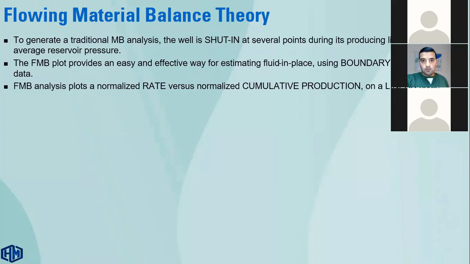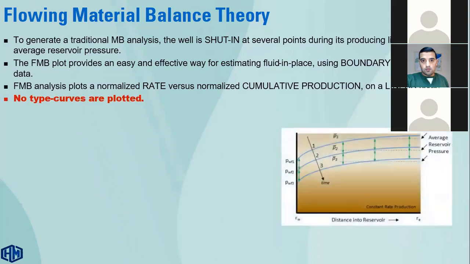Flowing material balance is an effective way to get the estimated reserves. In this technique, we have no type curves. It's typically an analytical technique. As you can see, this technique is applicable during boundary dominated flow, as mentioned before.